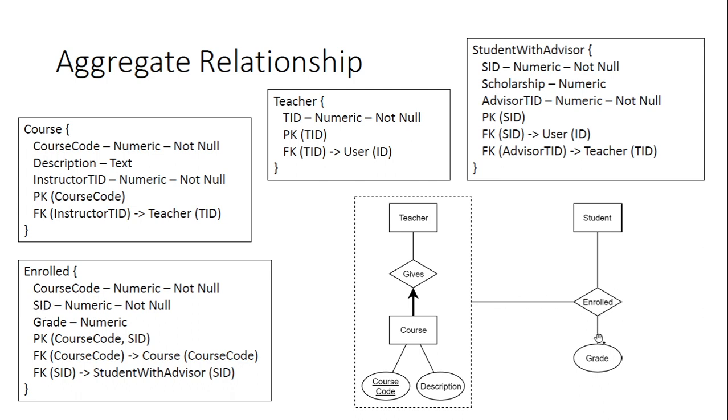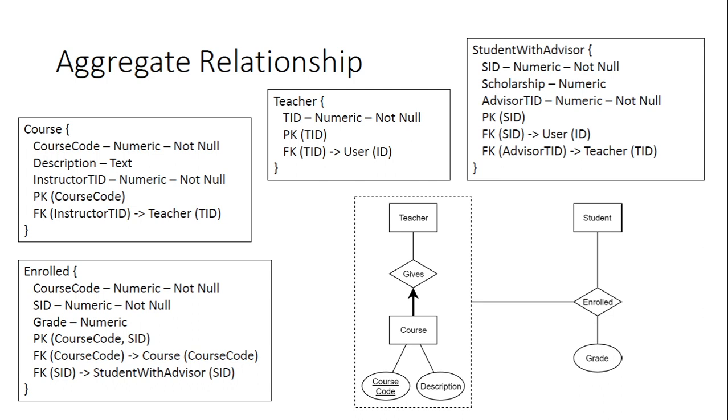And I also have this additional attribute called grade that's also here. The foreign keys are described here. Course code is going to refer to the course table, and SID is going to refer to the SID in the student with advisor table. And since this is a many-to-many relationship, the primary key is going to be the combination of all its foreign keys.